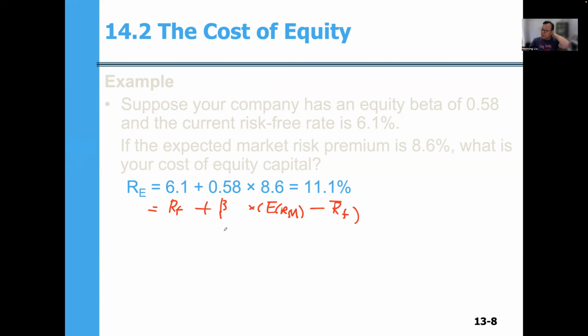All the information is provided. Risk-free rate is 6.1%, your beta is 0.58, and the market risk premium is 8.6. Then I can calculate that the cost of equity is 11.1%.